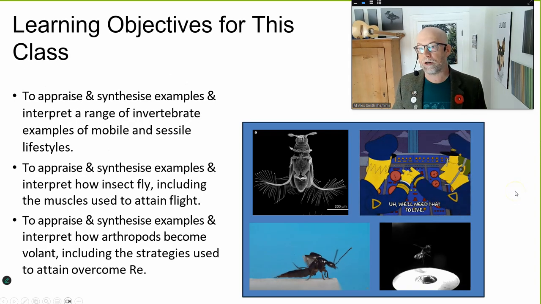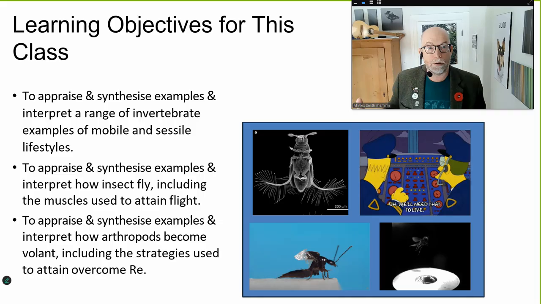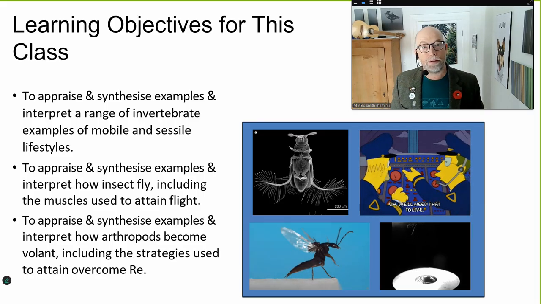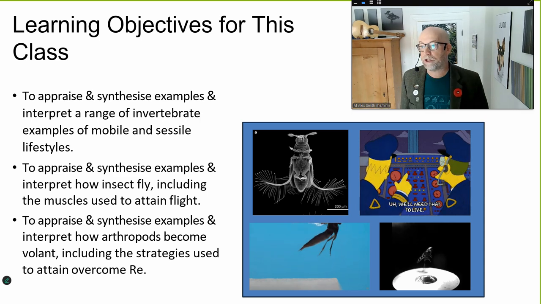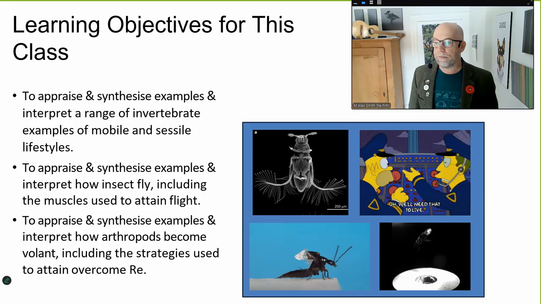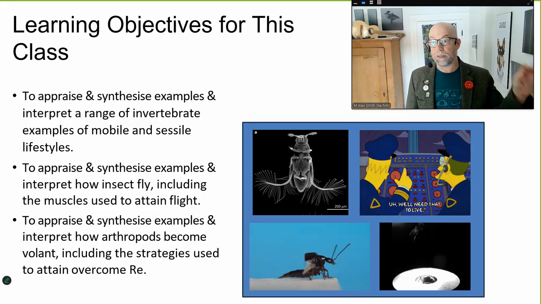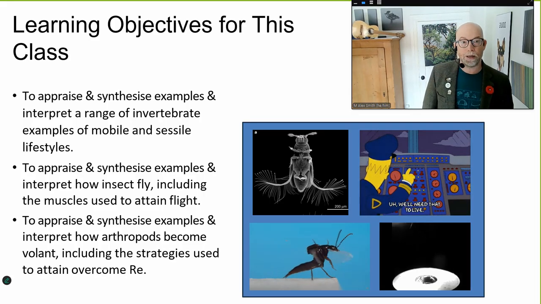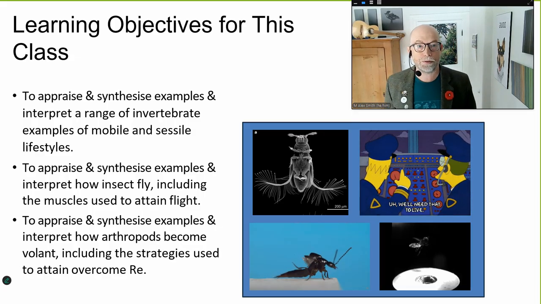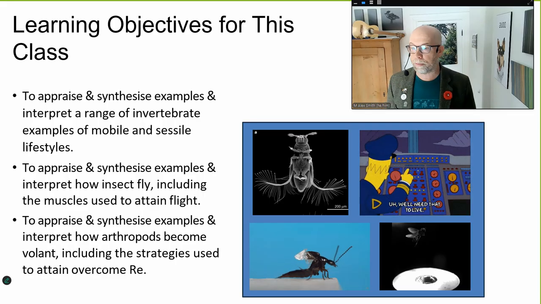My hope, in terms of the learning outcomes for your class, is that you can appraise, synthesize, and interpret a range of invertebrate examples of mobile or sessile lifestyles, with the specifics of insect flight and the muscles and systems they use to do that, so you can bump into examples from the literature and in the world that you can interpret.